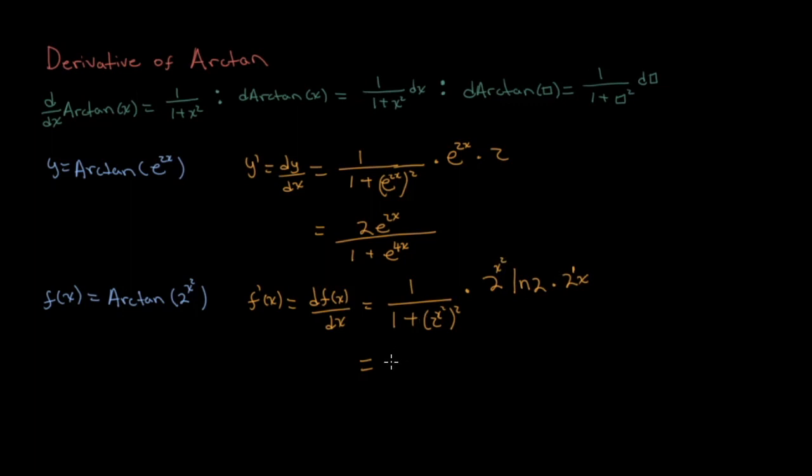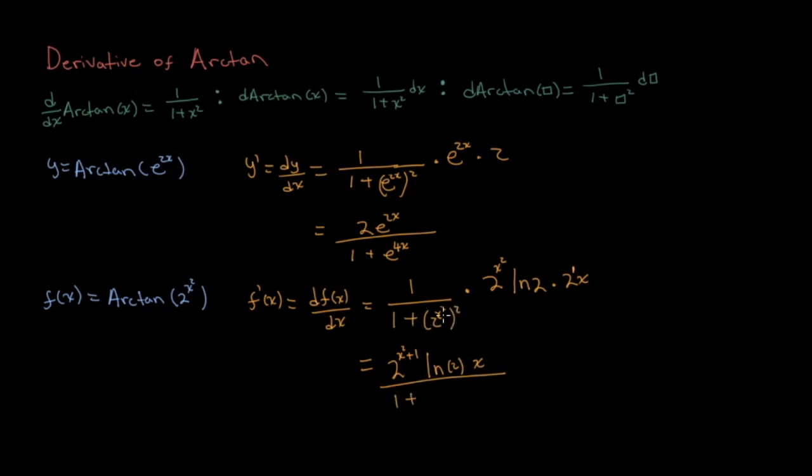So it'll be 2 to the power of x squared plus 1 times ln 2 times x. And then we'll simplify our denominator as well.